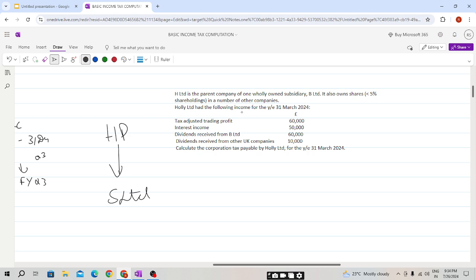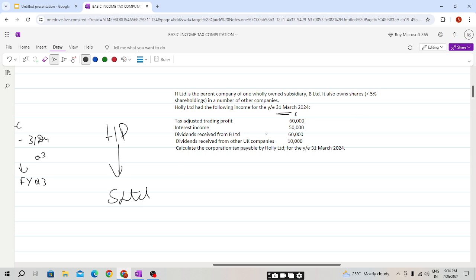But for an associated company, there must be control of more than 50%. H Limited had the following income for the year ended 31st March 2024. So it is 1st April to 31st March, there is no accounting straddling year, students.